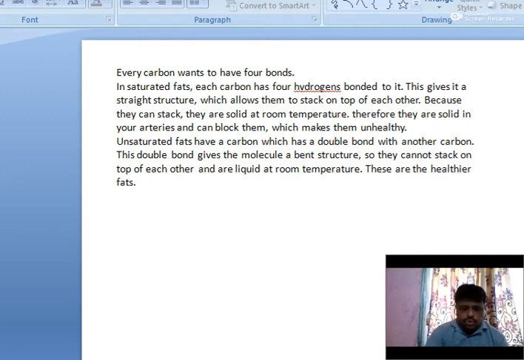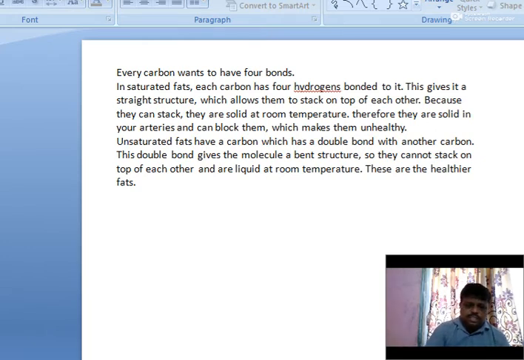Those fatty acids associated with the phosphate are known as the phospholipids, while those associated with the sugars are known as the glycolipids. So this is the basic difference between the glycolipid and the phospholipid.